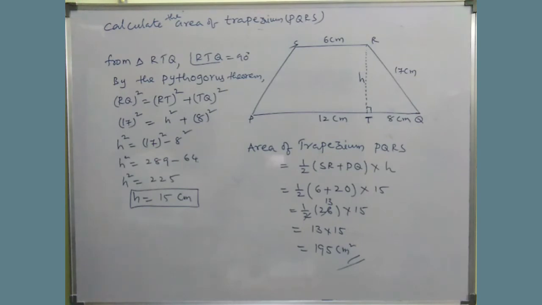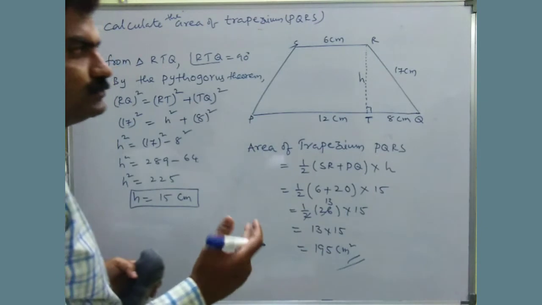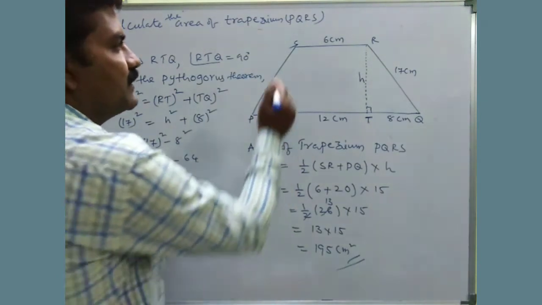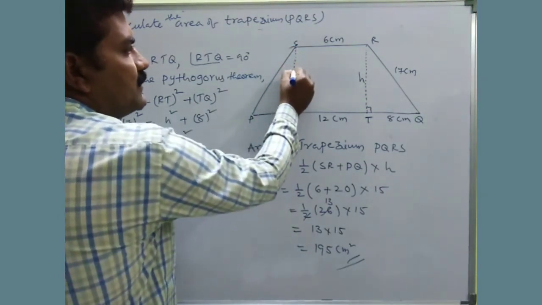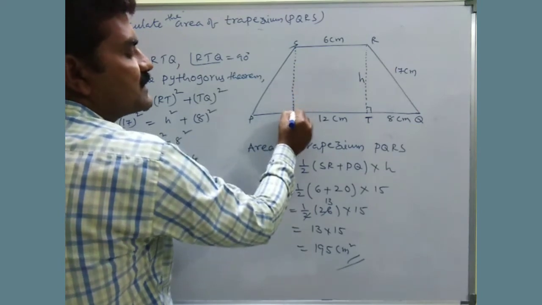Okay, the same problem can also be solved in another way. Actually this is the simple one, but let us see this as another method too. In the same way, draw the perpendicular from S also.